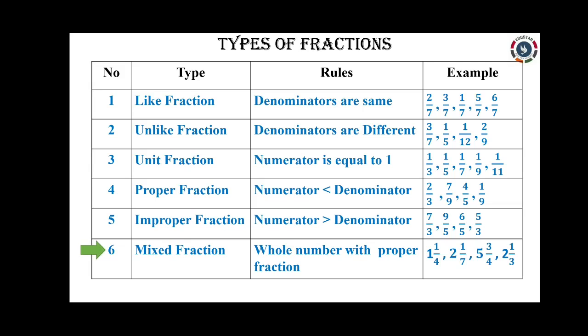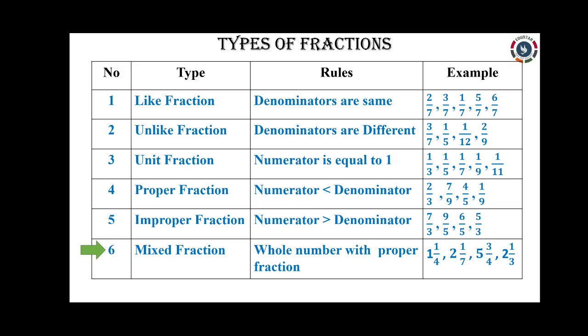Look at these examples. 1 by 4. Here 1 is the whole number. 1 by 4 is a proper fraction. Why? Here the numerator value is less than the denominator. So 1 by 4 is a whole number with a proper fraction.